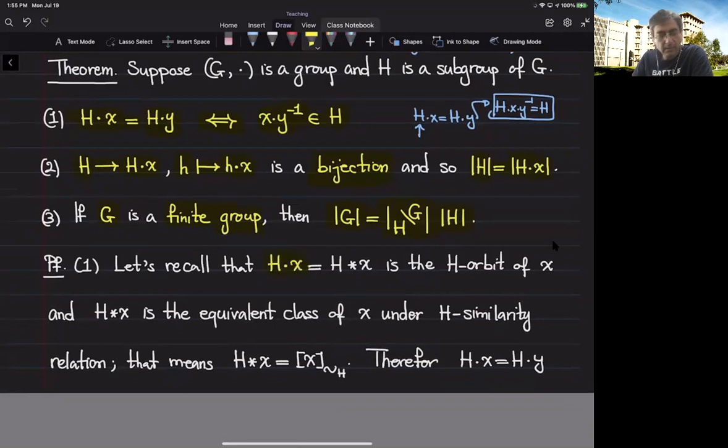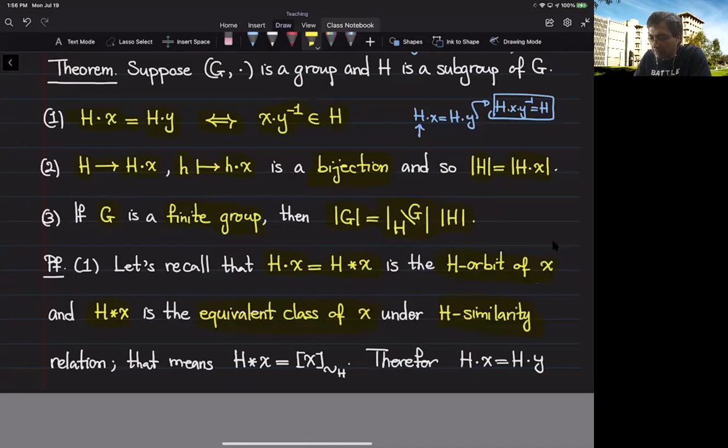The right H coset given by X is simply the H orbit of X. Similarly, the right H coset H dot Y is the H orbit of Y. Now, the H orbit of X is the equivalence class of X under H similarity.